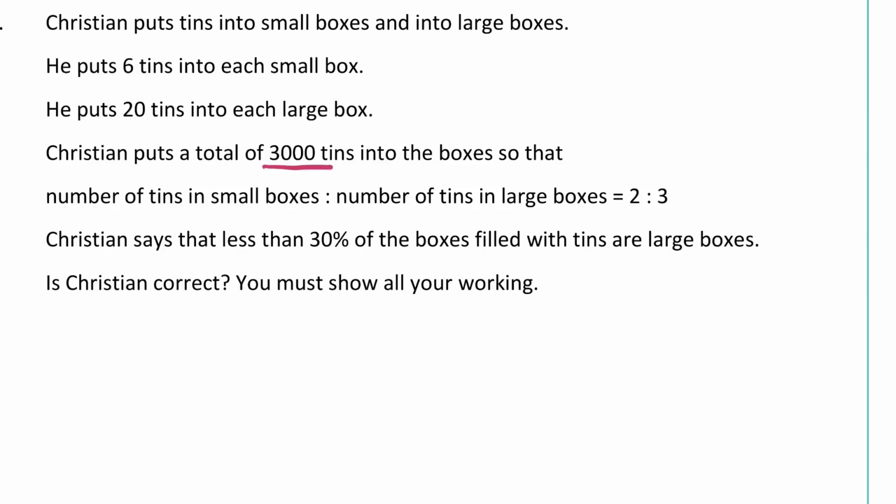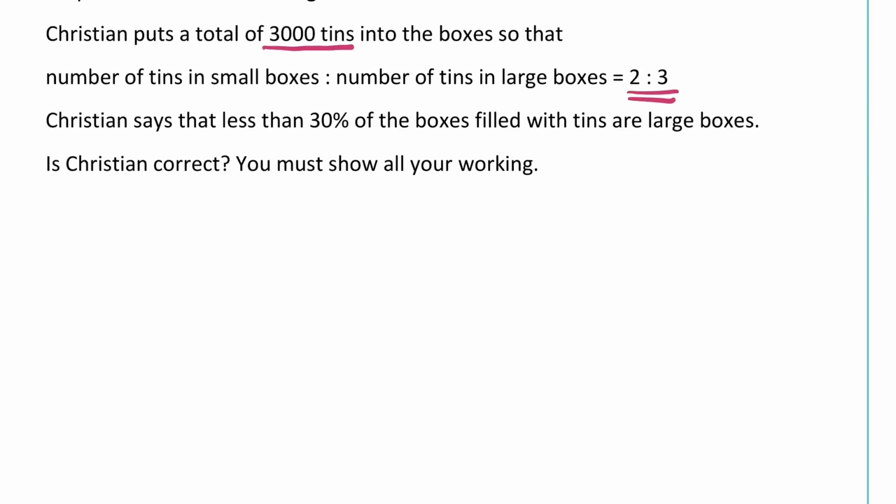Now, for starters, we've got a lot of information here, but the main thing that I see straight away, we have 3,000 tins, and it's in this ratio 2 to 3. It then tells us how many tins go into particular boxes, so once we've split up the amount of tins as to how many go in small and large boxes, we can figure out how many boxes there actually are. It's a little bit strange, this question, when we have tins and boxes. There's lots of language, but that's the primary bit of information there.